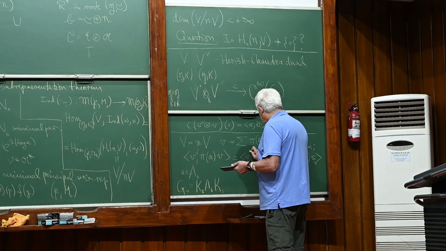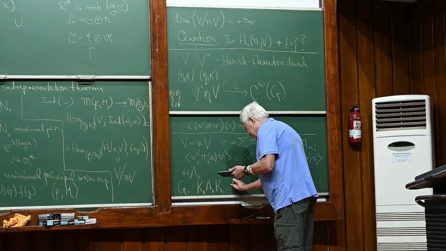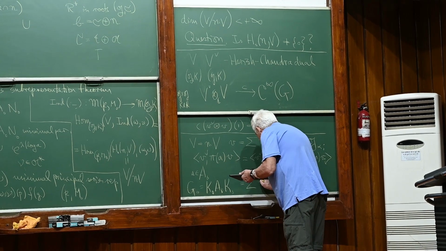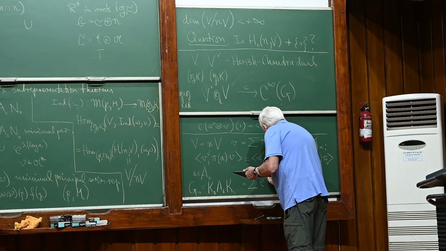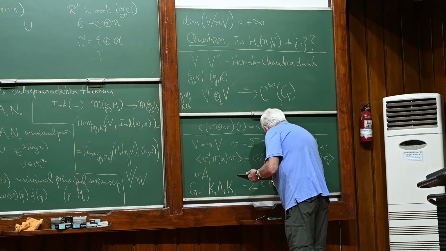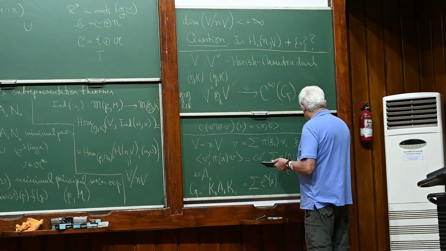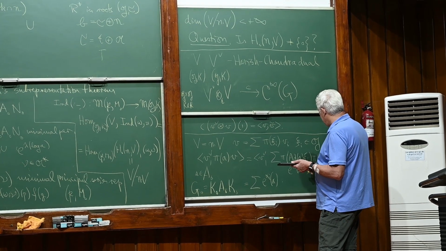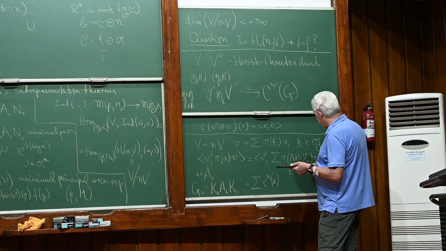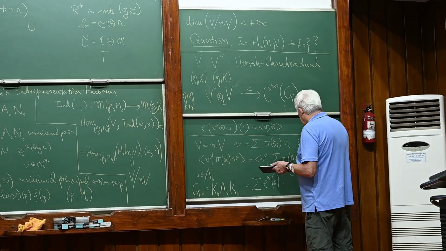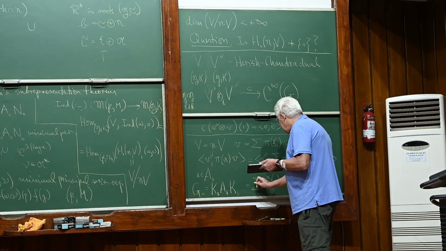This check is also missing here, and I get that this is the sum of e to alpha I A, and then I can move this pi ci to the second variable, because this is contragredient in the representation.